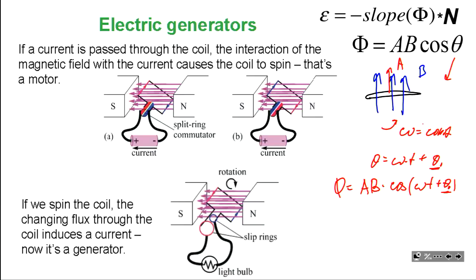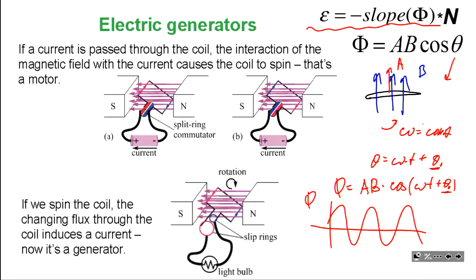This is just a constant. Very often we can set it to 0. So how does flux change? Well, in general, something like this. That's how a graph of a cosine as a function of time looks. That's it. And if the flux changes, it must induce EMF according to Faraday's law.